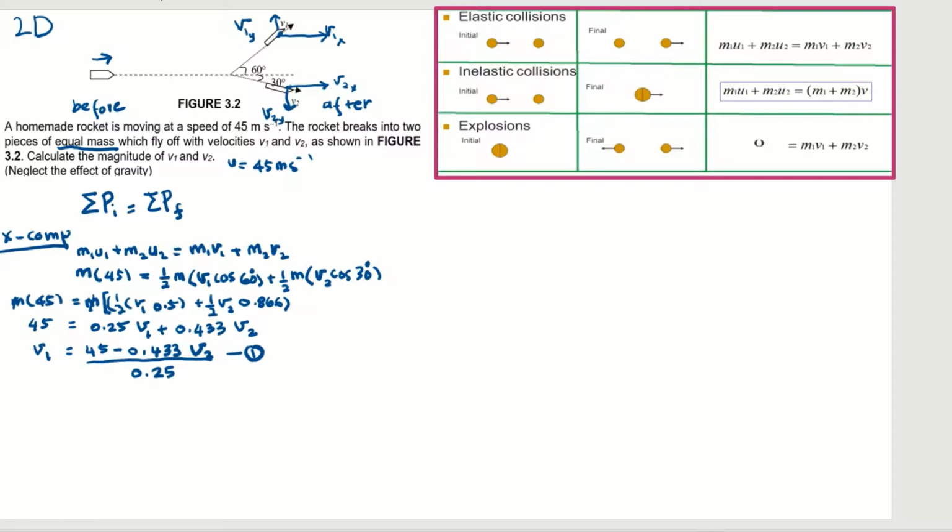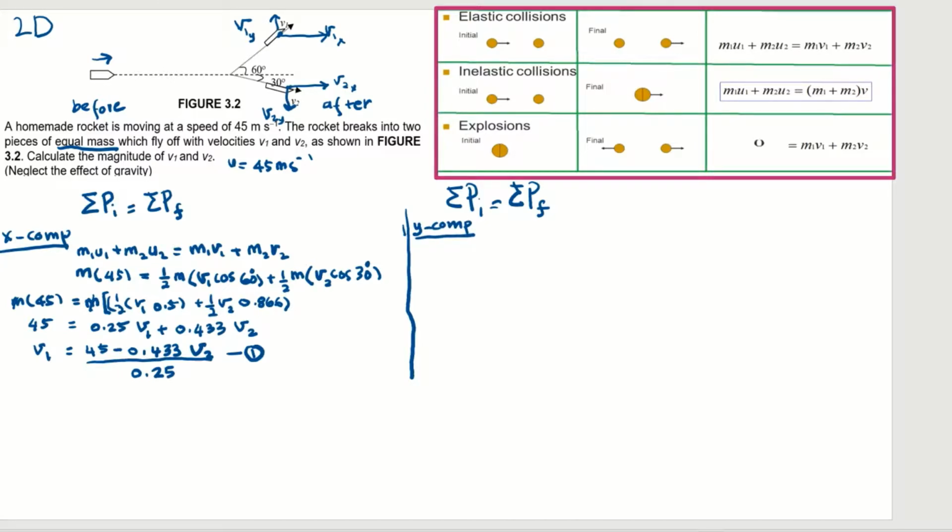Then we can continue. The problem still cannot be solved, so you continue using the y component.